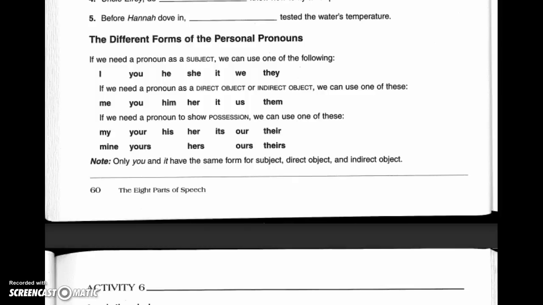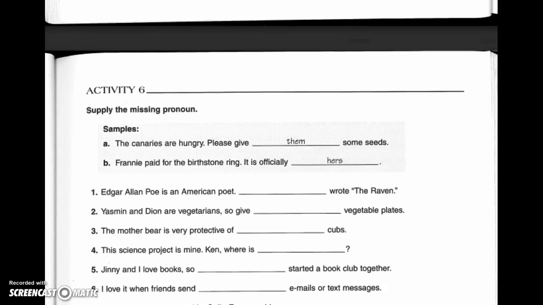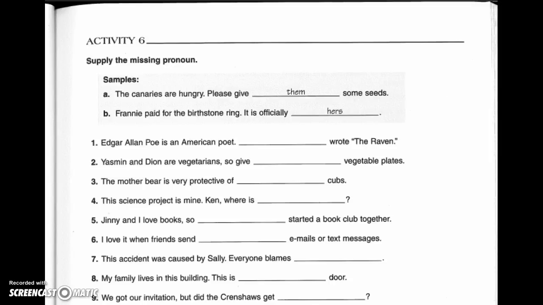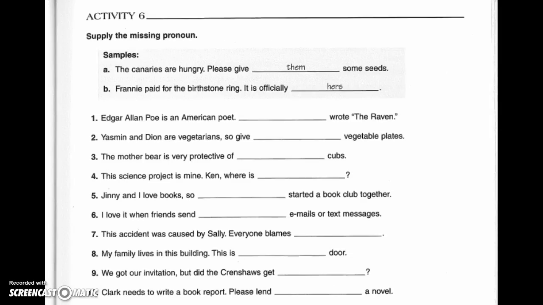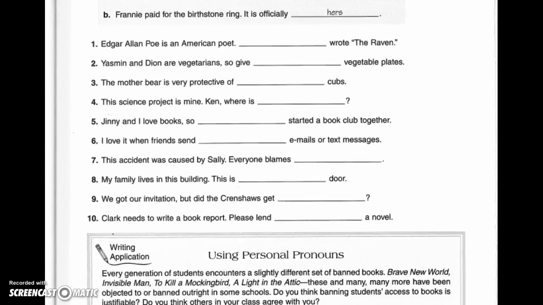So that's important to note. Activity 6, you will be supplying the missing pronoun for the even numbers only for numbers 1 through 10. And you can always go back to the screen before to find out the list of the different possessive pronouns or different personal pronouns that we use.